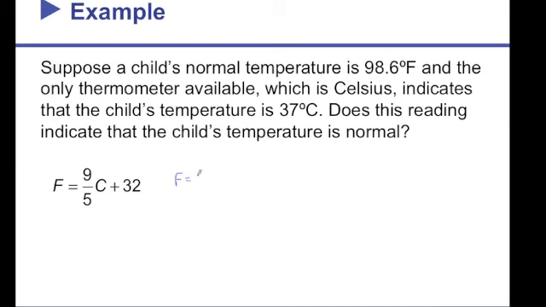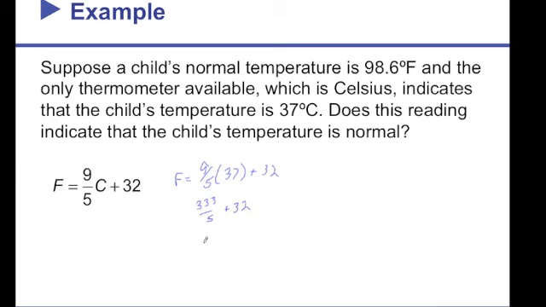The Fahrenheit temperature equals 9/5 times the 37 degrees Celsius plus 32. 9/5 times 37, well, 9 times 37 will give you 333/5, plus the 32.